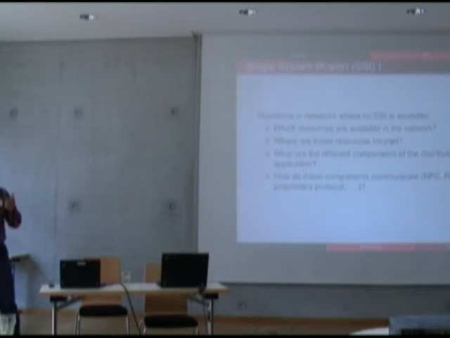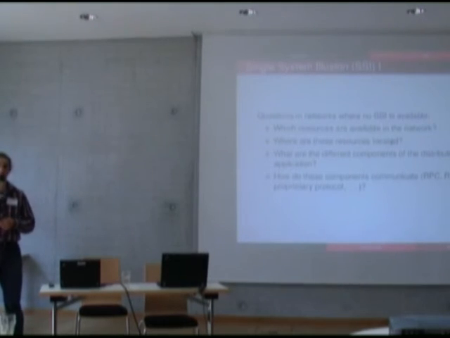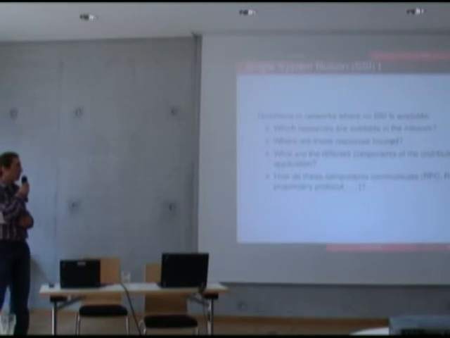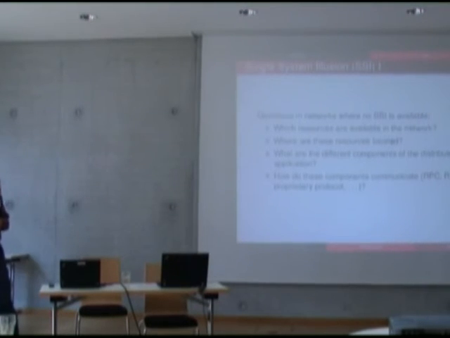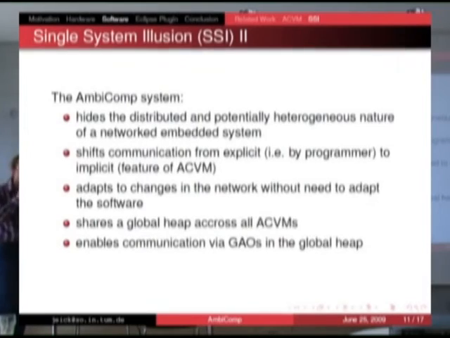So the next step is to reason about which communication channel do I want to use. And with that question comes the next question, which protocols do I want to use to let my modules exchange information. With a single system illusion, this picture is a lot different.